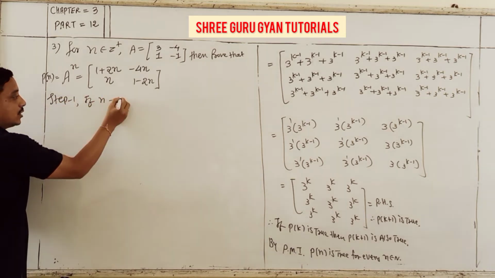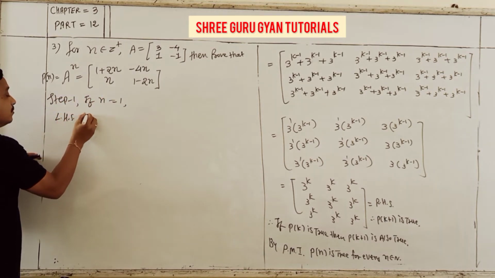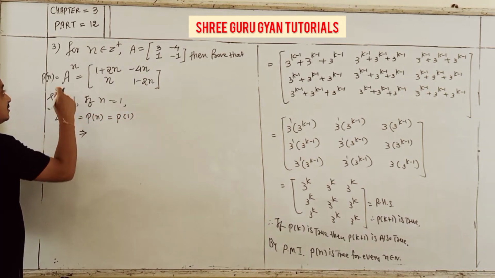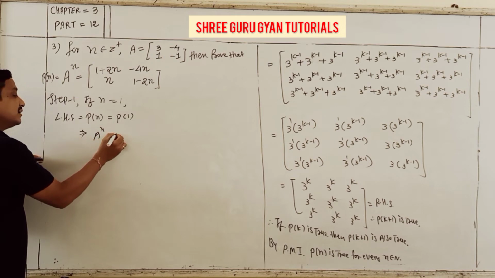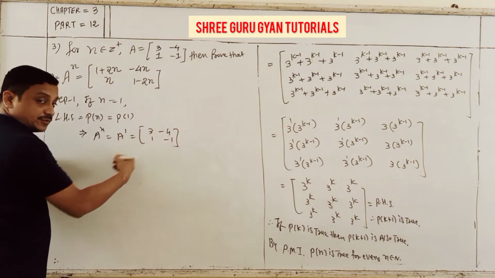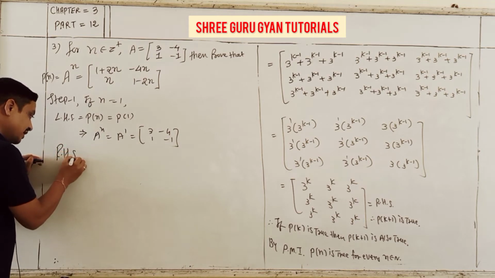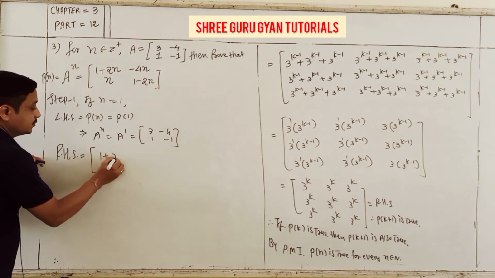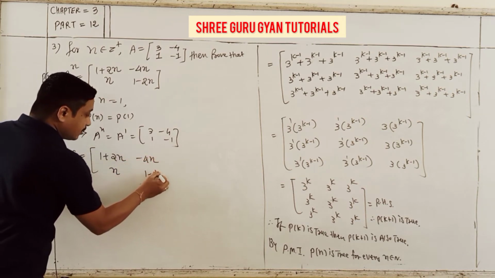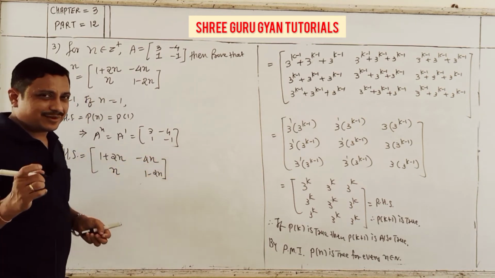if n is equal to 1, so my Pn becomes P1. And my LHS is what? A raised to n, A raised to 1, is [3, 1; -4, -1]. Now RHS: 1 plus 2n, n, minus 4n, 1 minus 2n, and apply n equals 1.